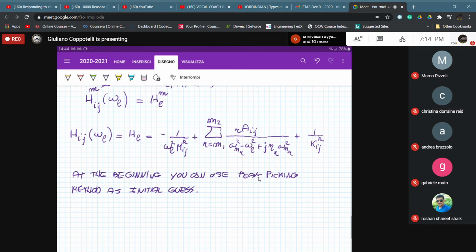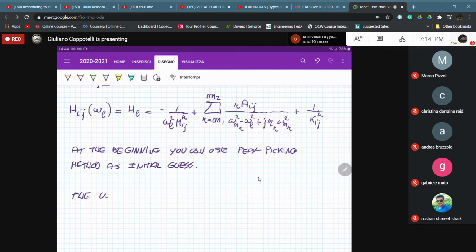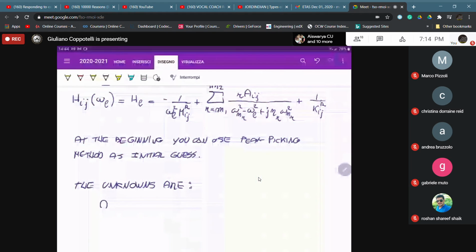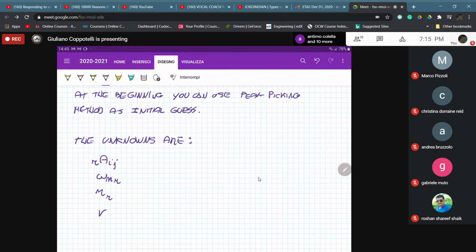So your unknowns of the problem are, as you already know, the modal parameters: the residual terms Aij of the R mode, the natural frequency omega_n,r, the damping ratio eta_r, and the residual terms in terms of Kij, the ridge stiffness, and the corresponding mass, okay?